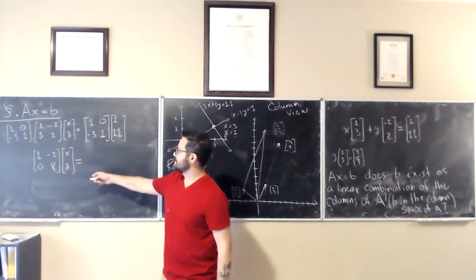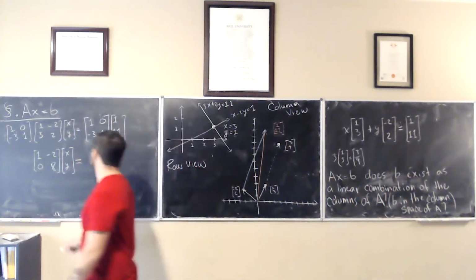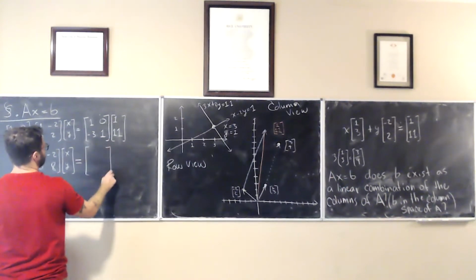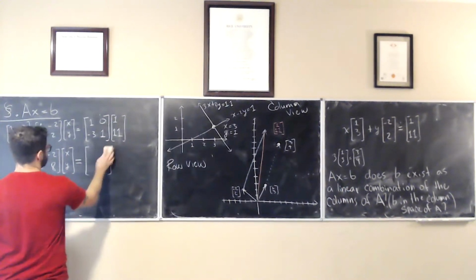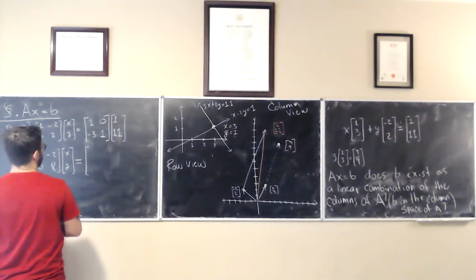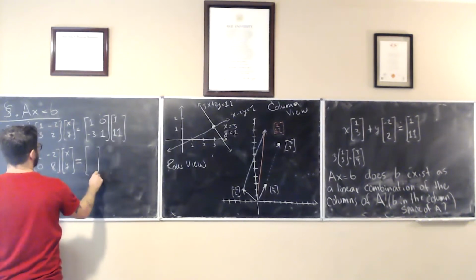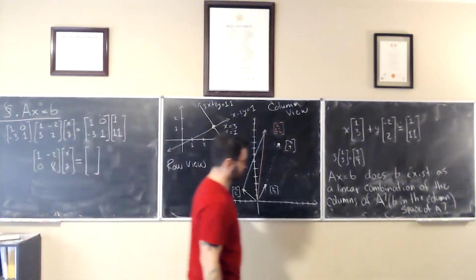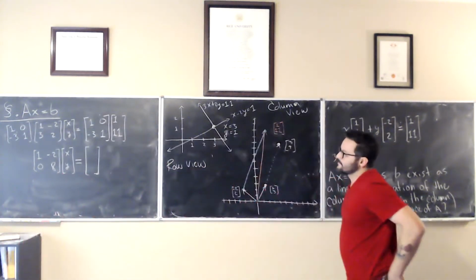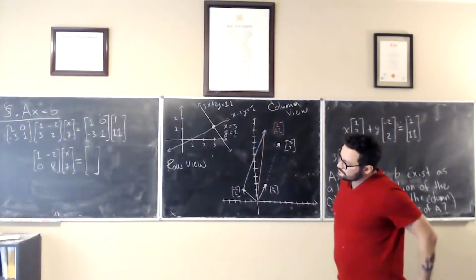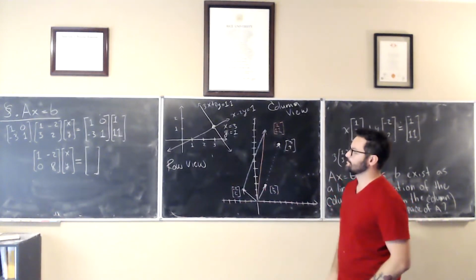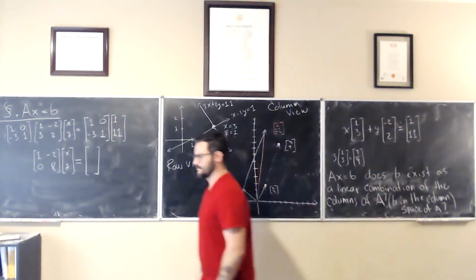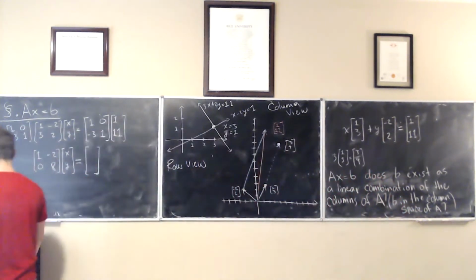Okay, y'all have to tell me what's going to go over here because that's just matrix vector multiplication. So what goes on the right-hand side? -2.